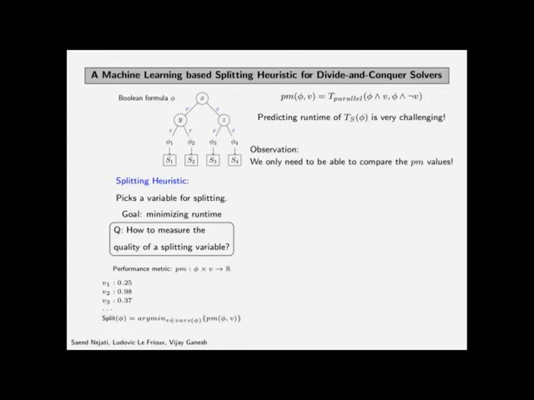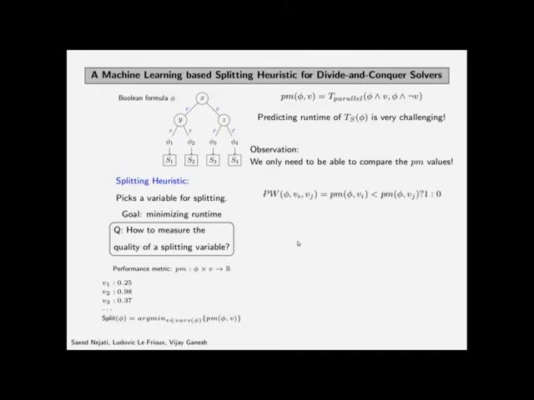But the observation we could make here is that we don't need to know the exact value of the PMs, we only need to be able to compare the PM values for all of the variables. In other words, we don't need to know the 0.98 for V2. We only need to know that the PM value of V2 is larger than V1.